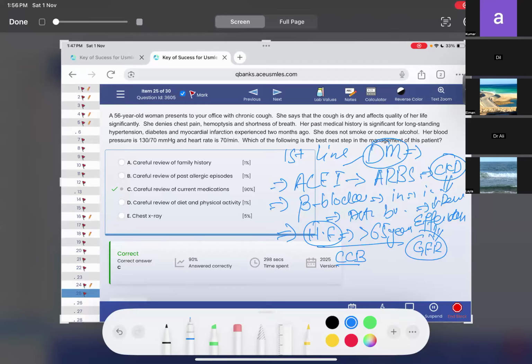Usually you should start with an ACE inhibitor and then ARBs, and then a combination of these drugs can be started. With ARBs we can give another drug like a thiazide diuretic, which comes under the name of Co-Diovan. This thiazide and valsartan combination will eventually decrease the blood pressure.